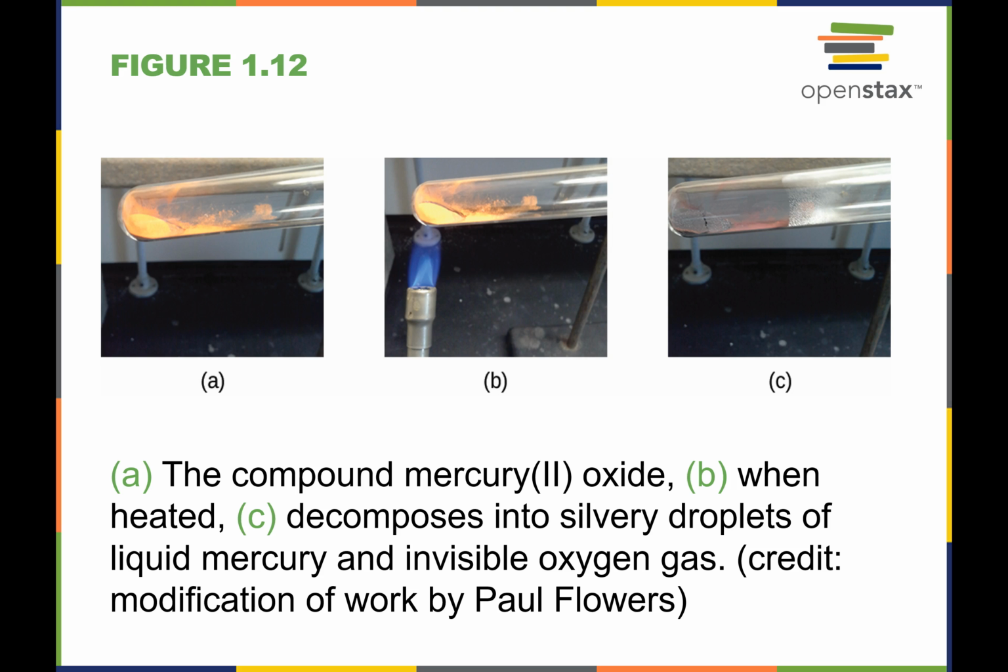One of the things that you're going to want to be able to do, I believe in your homework, is to identify that some sort of chemical reaction has happened. In general, chemical reaction just means that you start with something, and then after the process, you have something else. In this case, we can tell that we started with mercury 2 oxide, and we ended up with liquid mercury.